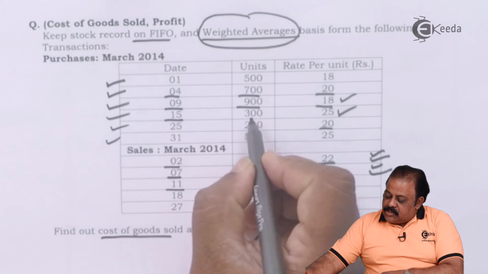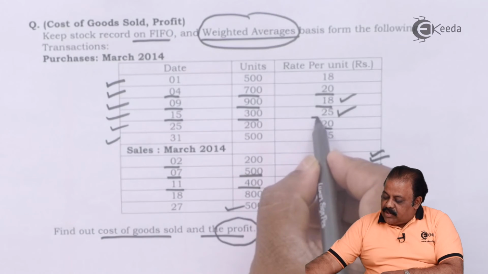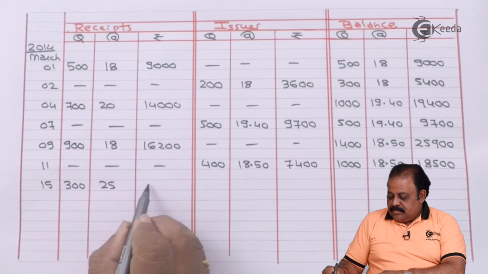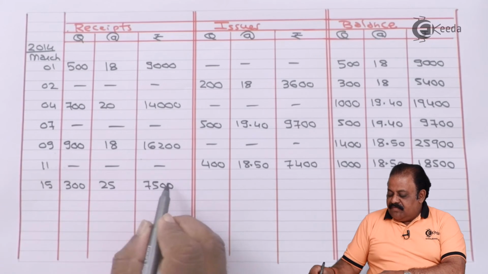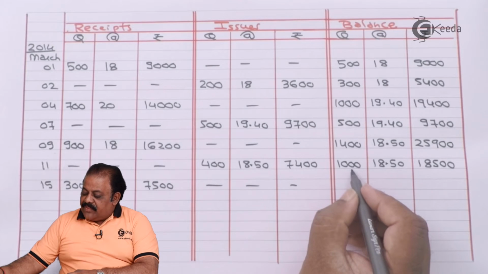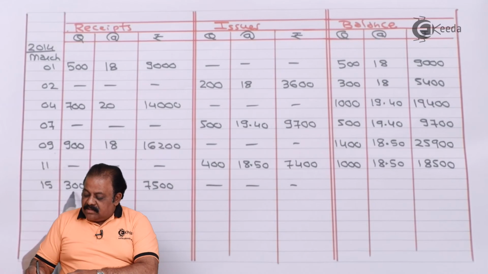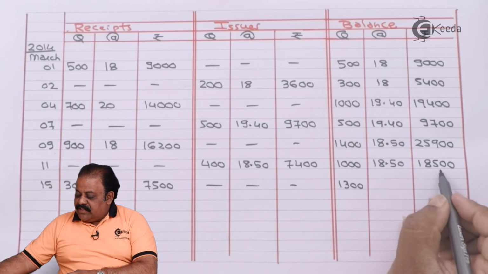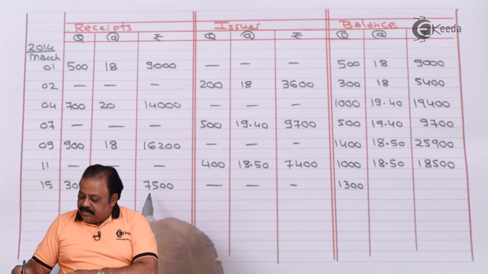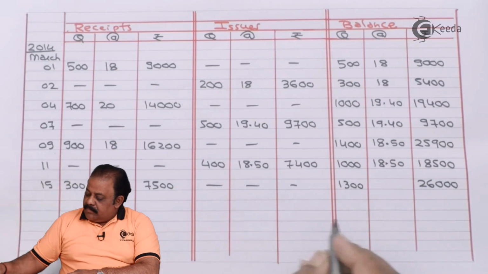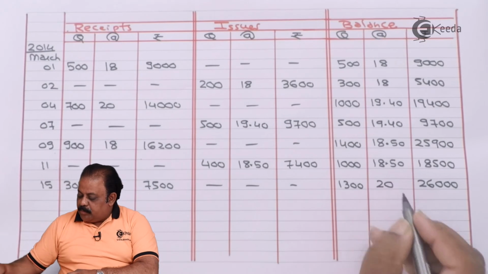On 15th there is purchase of 300 units at the rate of 25. Value 7,500. While recording stock we had 1000 units. To this we will be adding the 300 units, 1300 units. Value was 18,500 plus 7,500. So 26,000. Per unit value is 20 rupees.